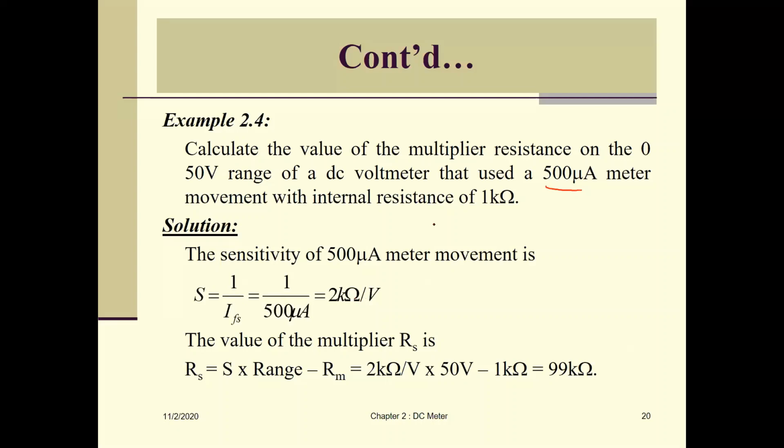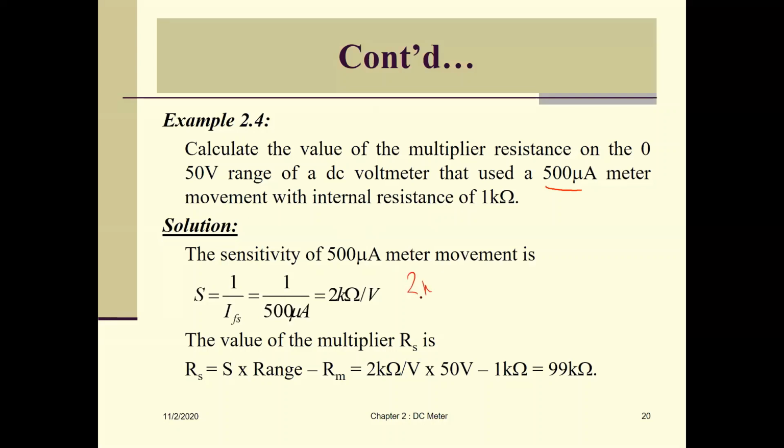Then we have to use the formula to calculate the multiplier. RS equals S multiplied by range minus RM.